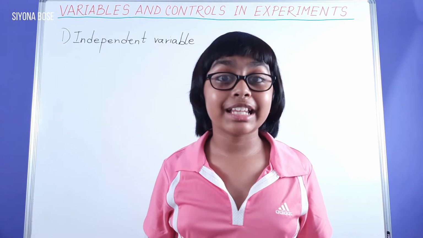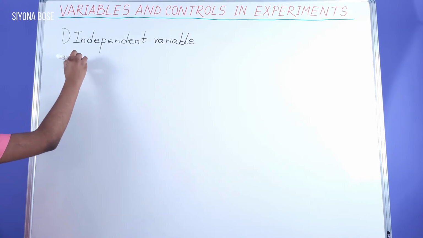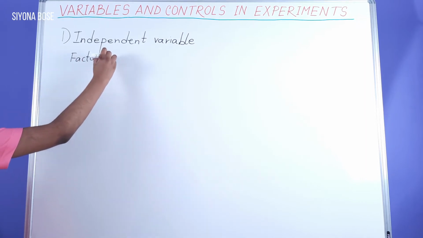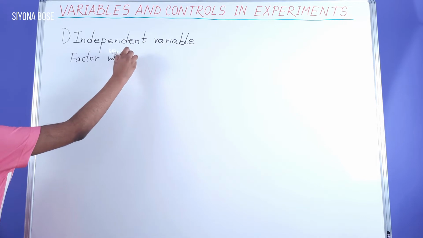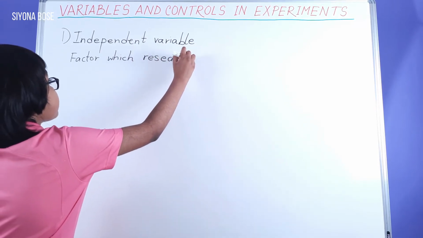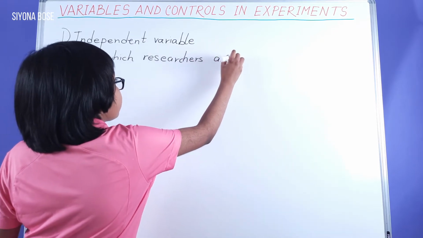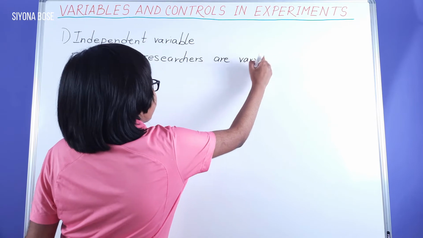The independent variable is the factor which researchers are varying.